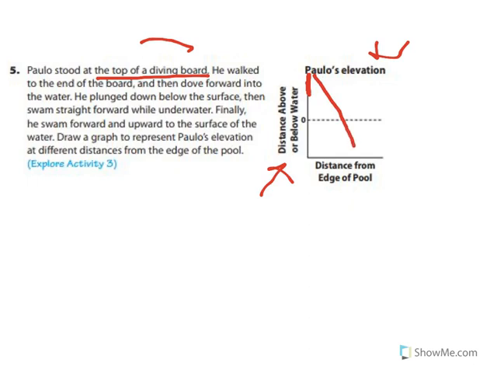And then he's going to swim forward while underwater. And then he's going to swim forward, then upward, depending on how he does that. And then finally, he is going to be above the surface of the water, depending on how he wants to do that. So again, this is going to determine how far he swam underwater. If he's doing it upward as he's going across, it would look like that in some cases.